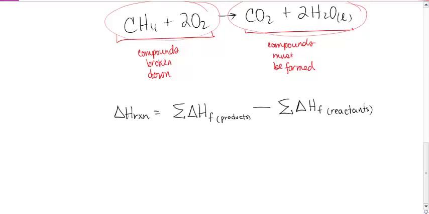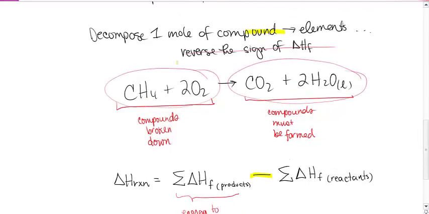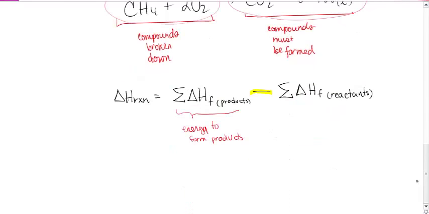Well, let's think about that. Heat of formation is the energy required to make 1 mole of a compound. So this represents the energy to form the products. The negative sign helps us make sure that we're actually reversing the sign of the heats of formation, as we talked about up here. We don't have to remember that.